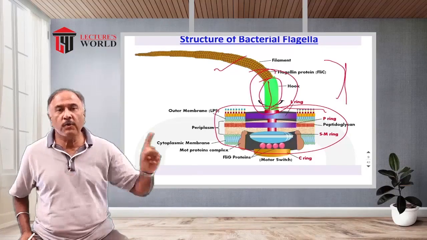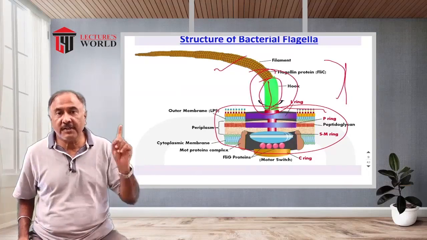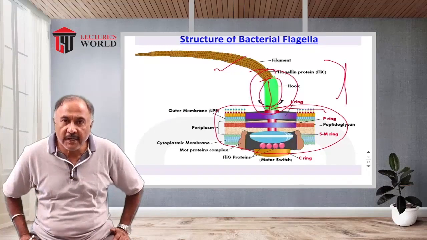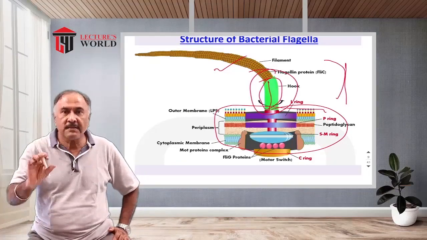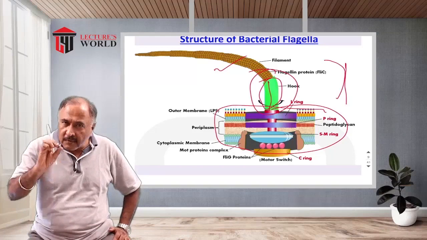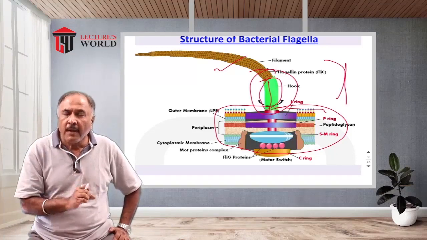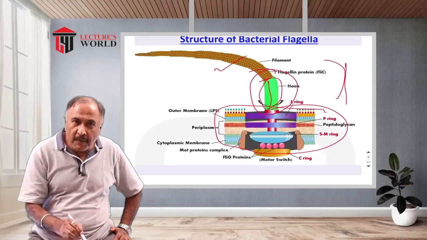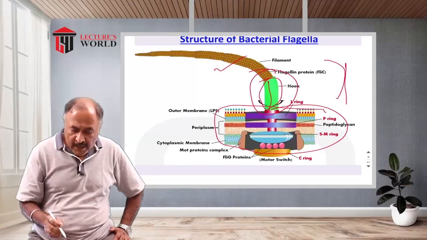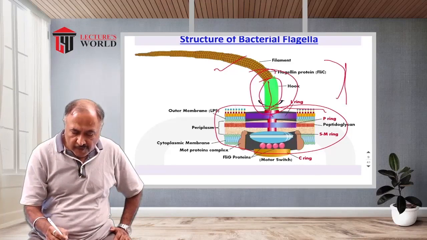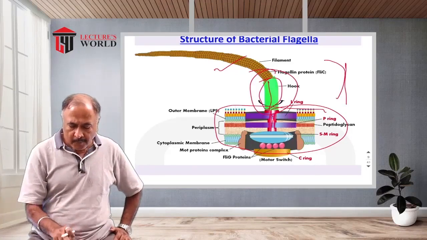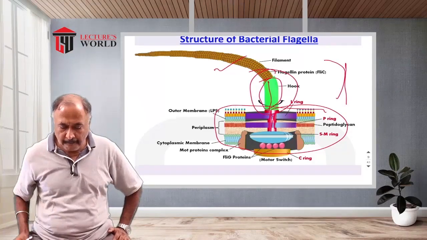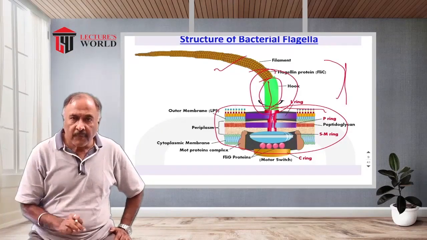And at the end you will find the filament, that is the flagellin protein. Now this basal body is embedded in the cell wall as well as a little portion in the cell membrane. The basal body consists of several rings, and in the center of the rings you will find what we call a rod-like material, and this is a motor.